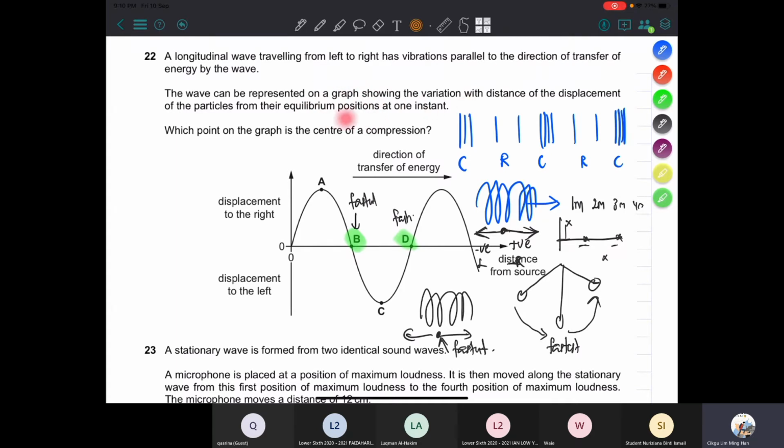Make sure that displacement. Figure out the center of the compression. If it is zero, where is it? Is it the middle? As long as you are on the x-axis. But the problem is, this is not a time axis, it's a distance axis.